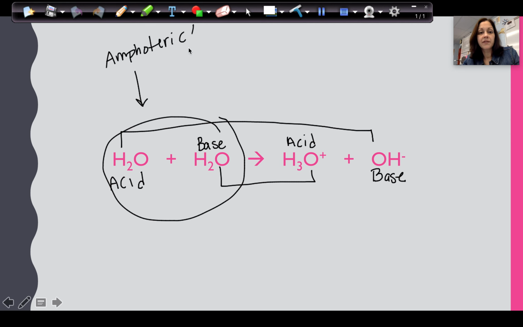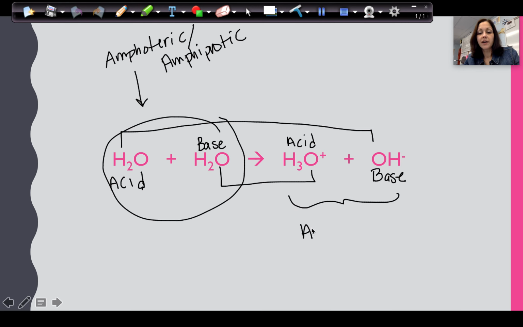What I should notice is that water can act as either an acid or a base. We call this amphoteric or amphiprotic, and that's something that can act as either an acid or a base, and water does a good job of that. So something that has H's to donate but also has the ability to accept H's is called amphoteric or amphiprotic, and this happens in pure water.